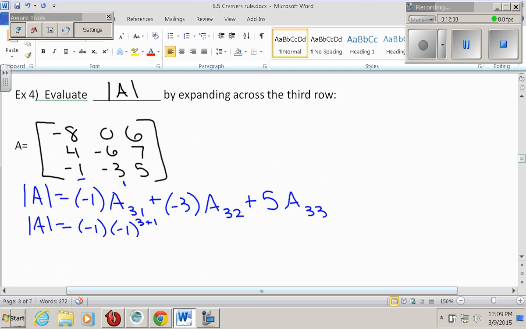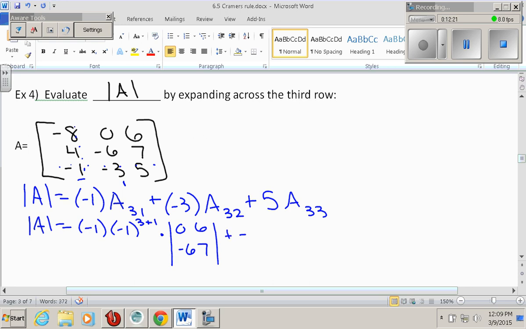So this is our formula from the last one, right? Times, and that's what we got by getting rid of the third row, first column.